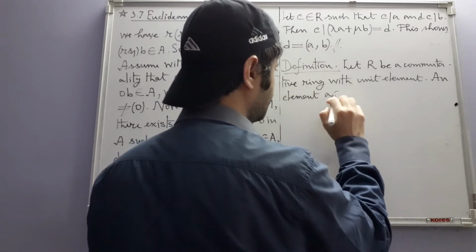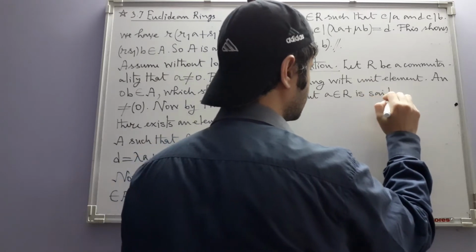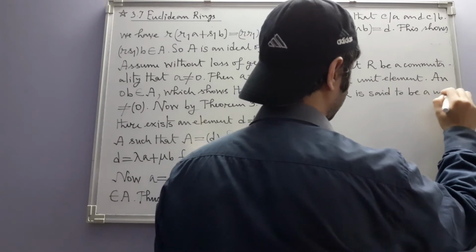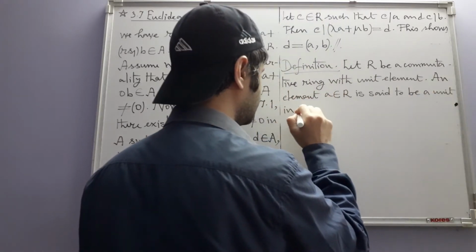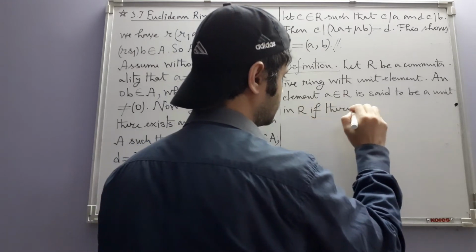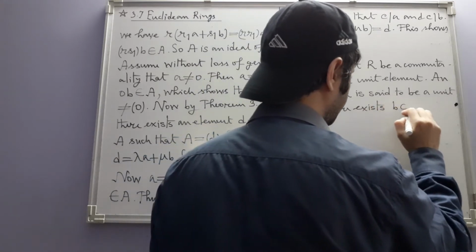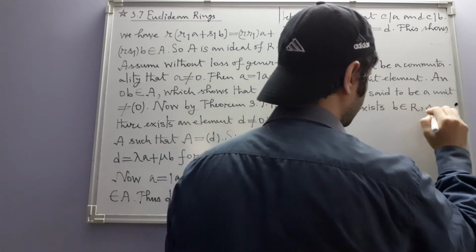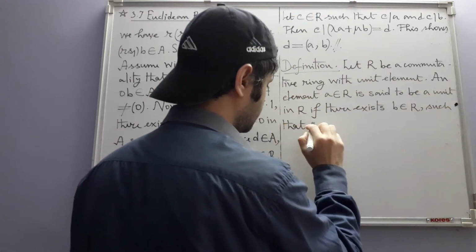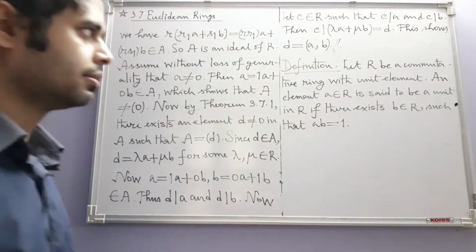An element A belonging to R is said to be a unit in R if there exists some element B in R such that AB is equal to 1.